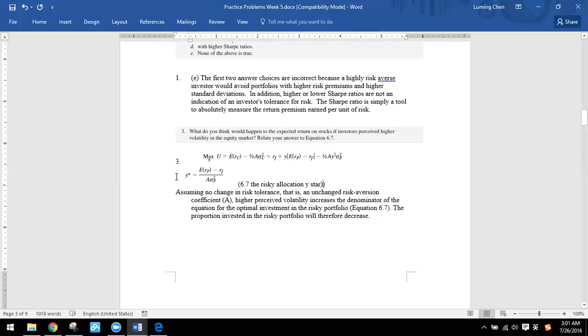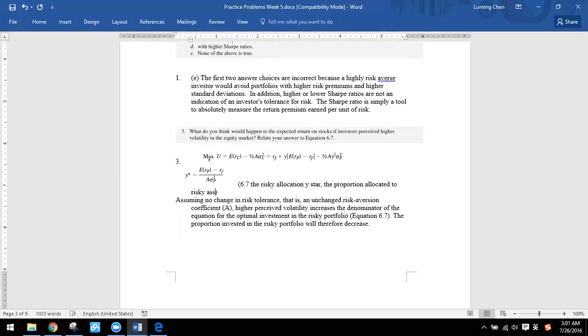Y star is the risky allocation, or the proportion allocated to risky assets. So how do we get this?